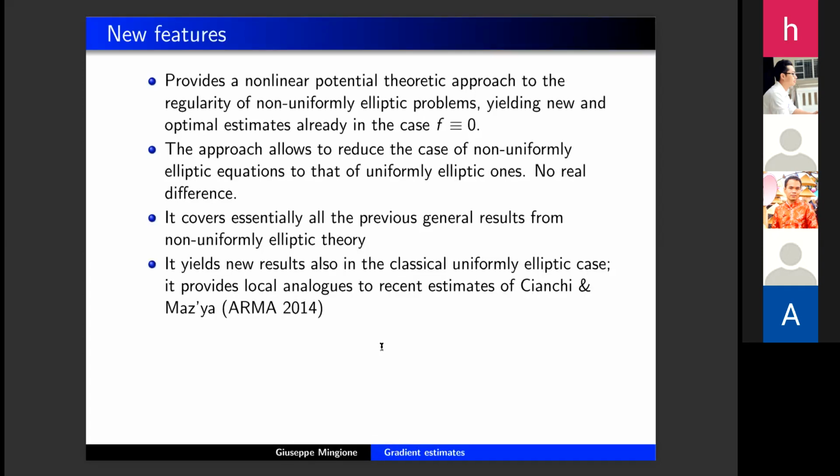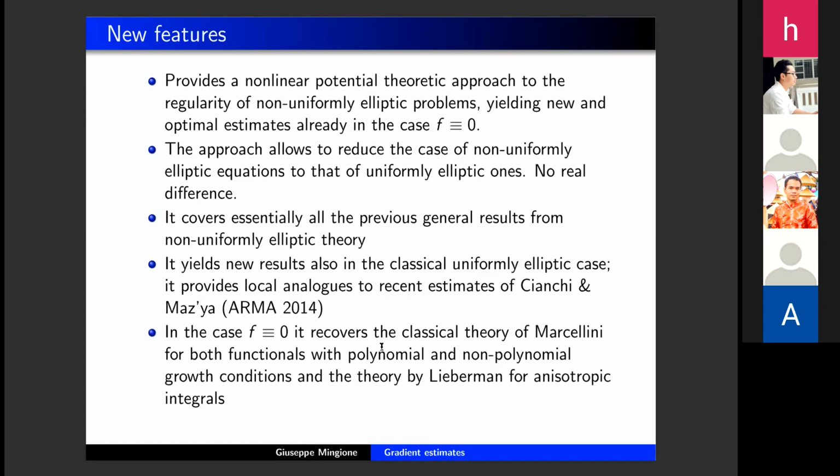And there are also new results in the classical uniformly elliptic setting. For instance, we can provide local analogs of some recent results of Cianchi and Maz'ya. Cianchi and Maz'ya deal with certain boundary conditions for the uniformly elliptic case, and we can do a local analog of these results. And in the case f equal to 0, we recover the classical theory of Marcellini, of Lieberman, and so forth.